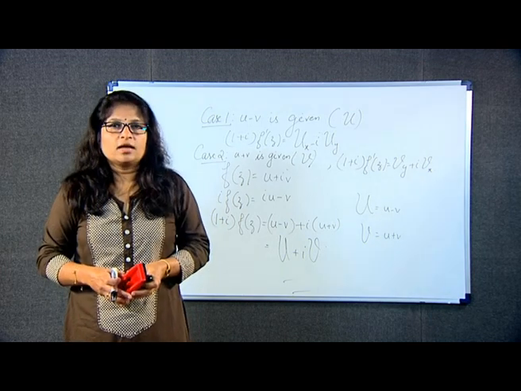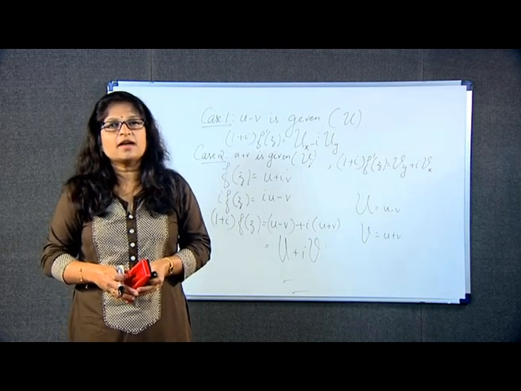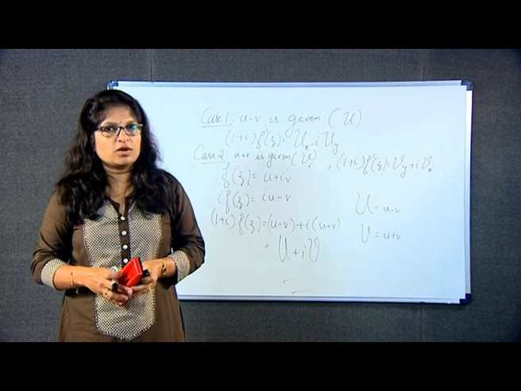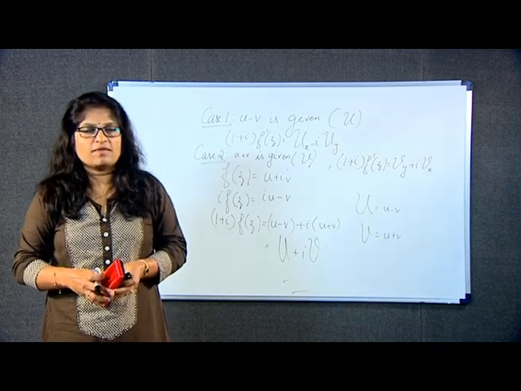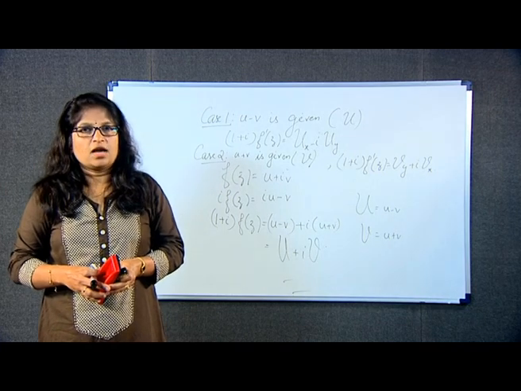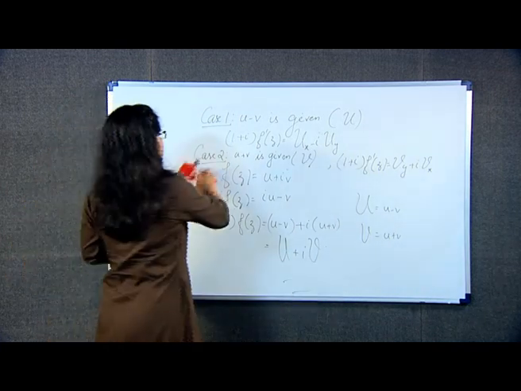So, let us see one example to find an analytic function f(z) = u + iv if some linear combination of u and v is given to you. So, let us do one example.